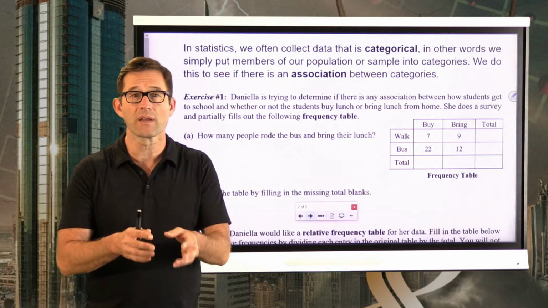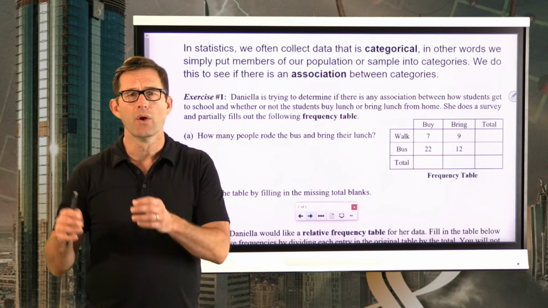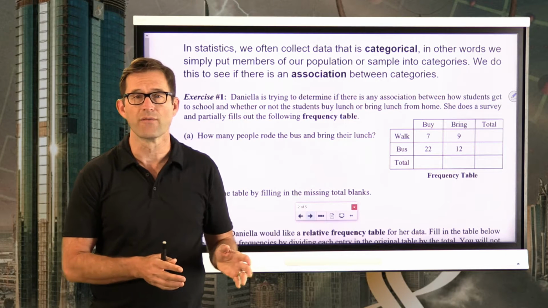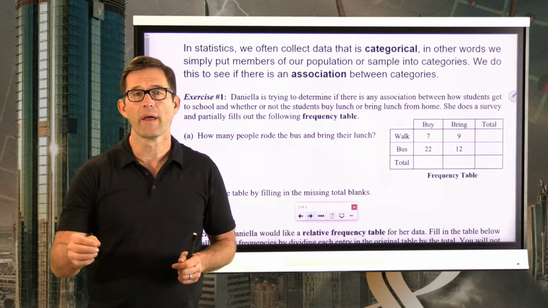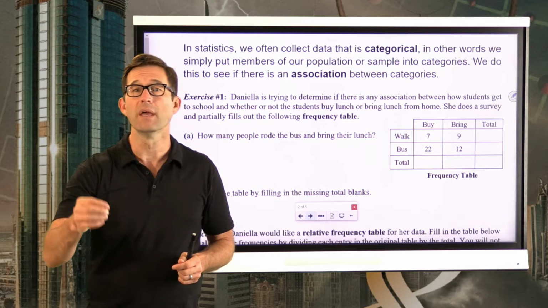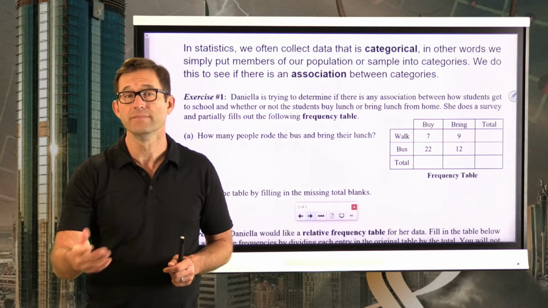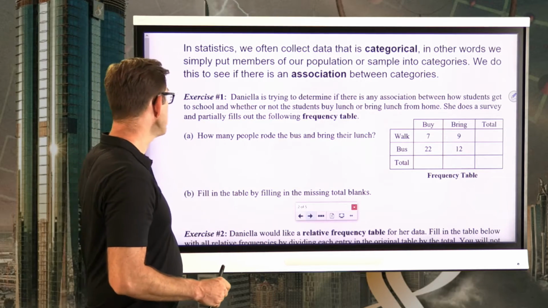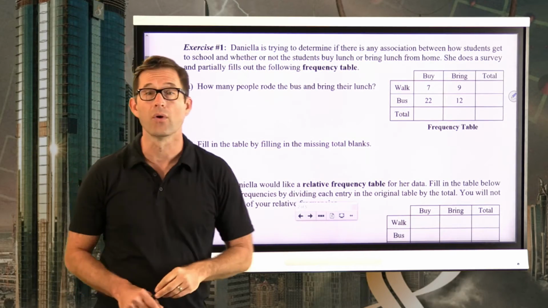Does falling into particular categories, if you fall into the category of 40 and older versus younger than 40, are you more likely to also fall into the category of being overweight, something like that? The answer is likely yes. So anyway, let's take a look at categorical data.